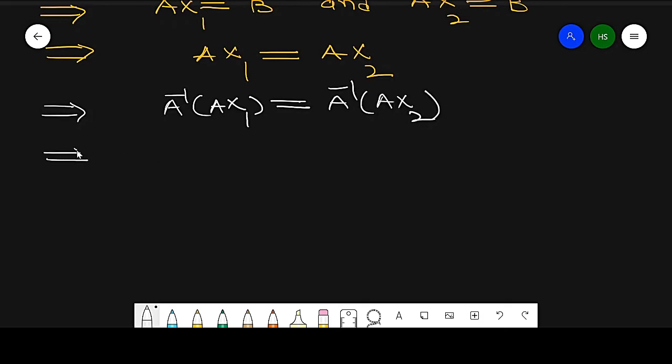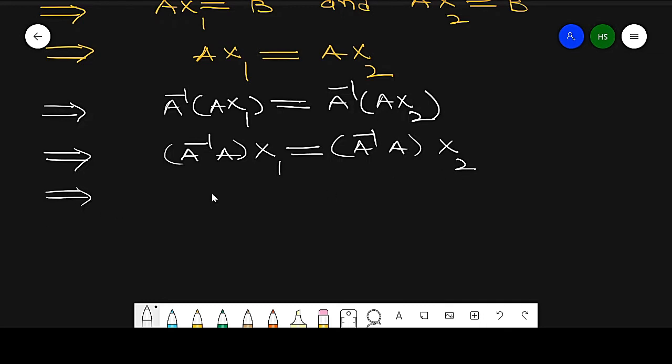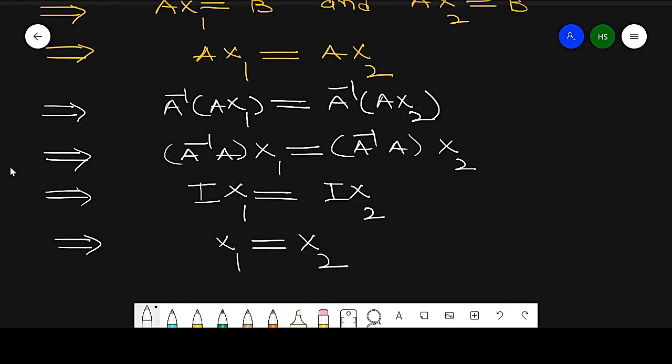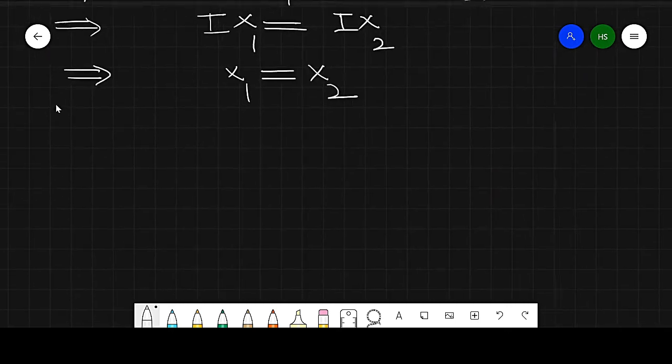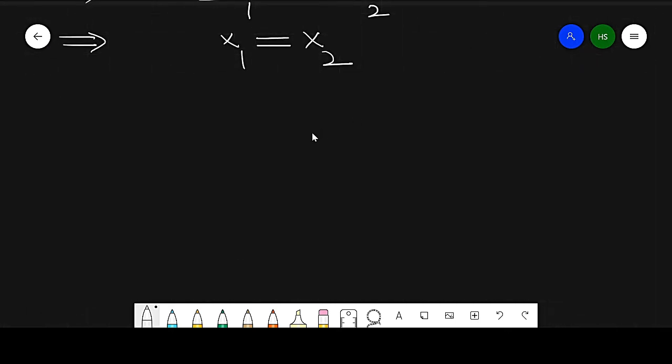Again using the associative property, A inverse A x1 equals A inverse A x2. So it implies identity times x1 equals identity times x2. It implies x1 equal to x2. So it proves the uniqueness of the solution.